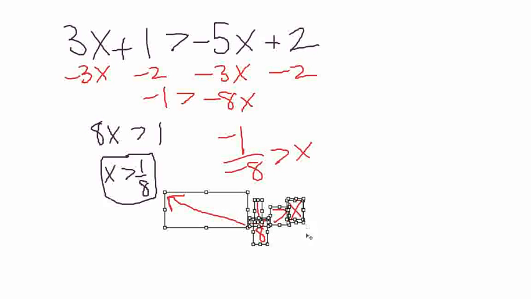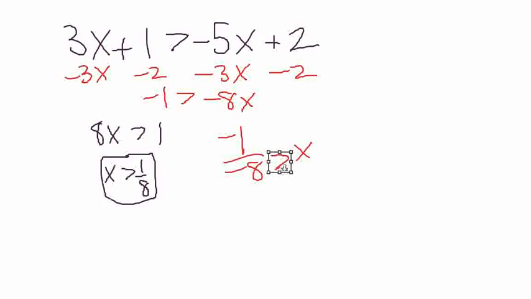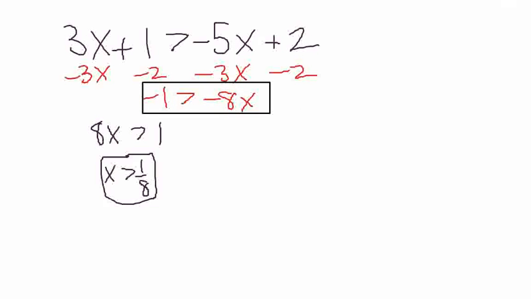So let's back up and do that. Going back to the red equation, I'll put a box around it. I'm still going to divide by minus 8, but this time when I do that, I'm going to flip the direction of the inequality. So minus 1 over minus 8, flip the direction, is less than x.